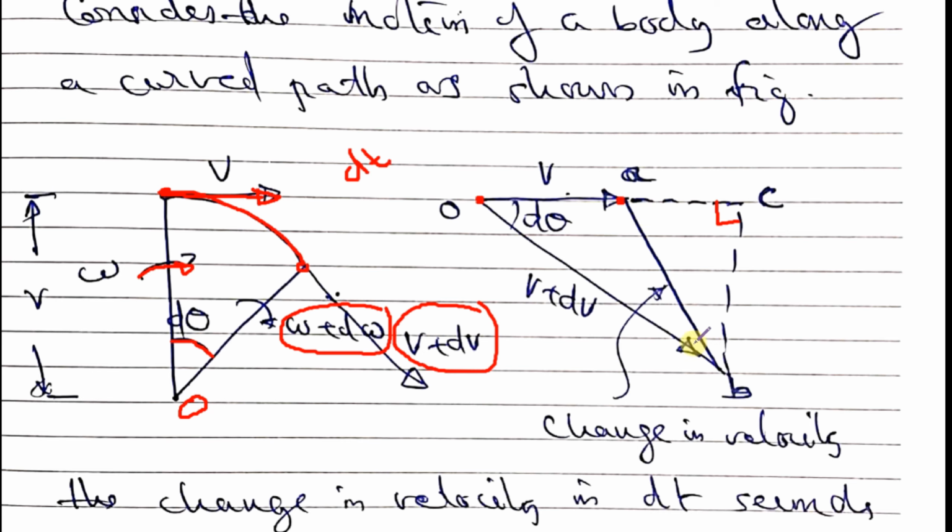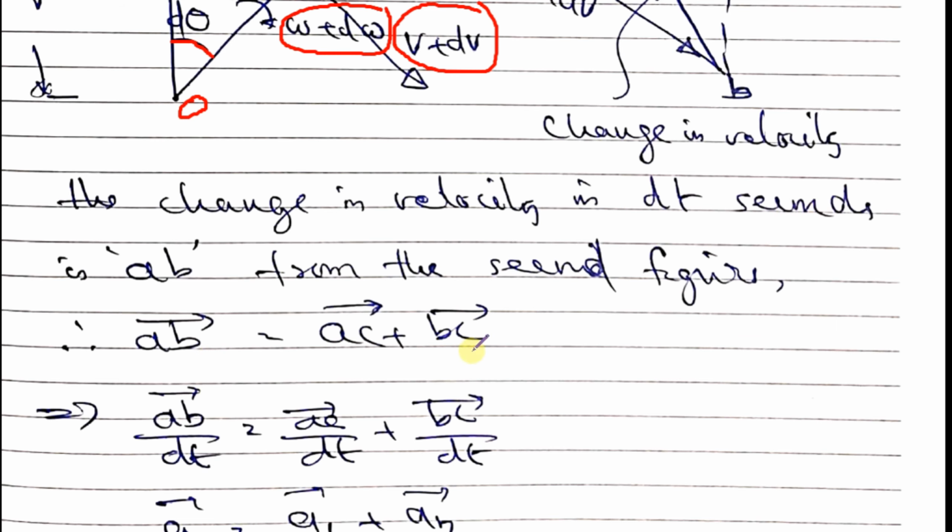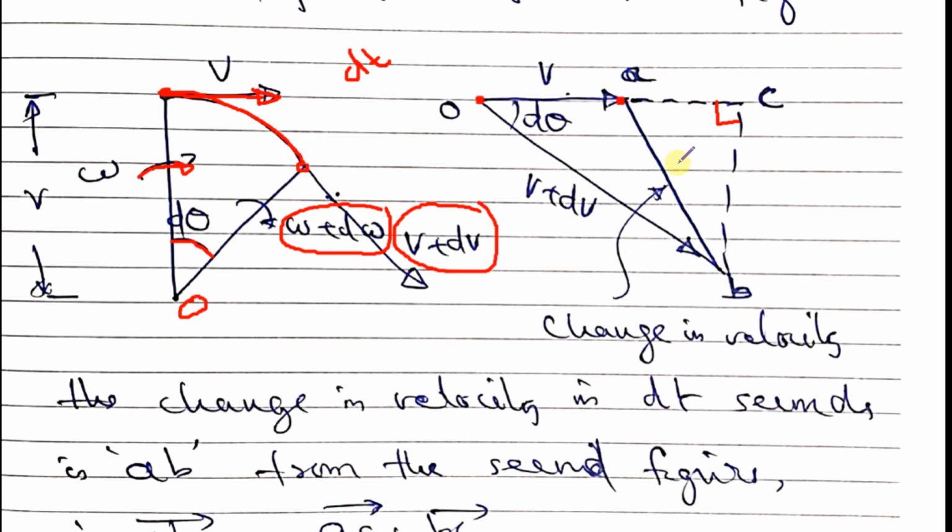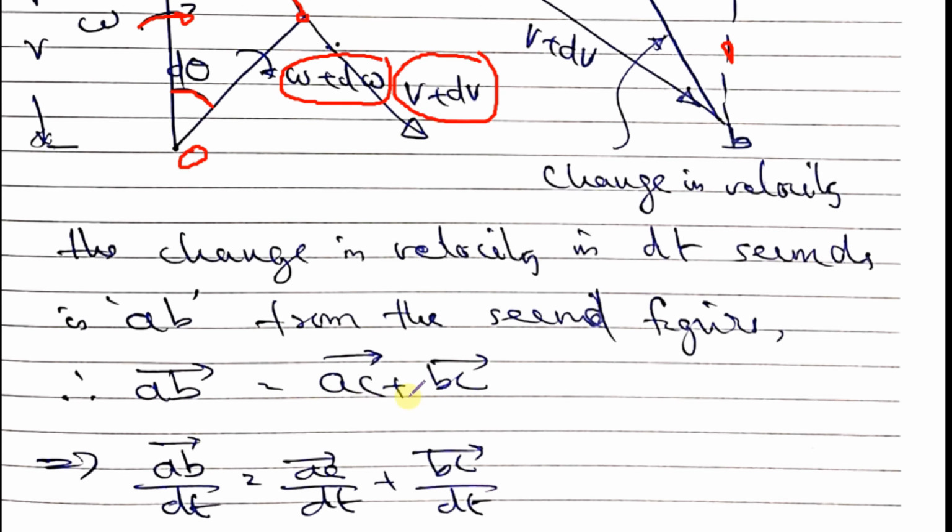That is why when we added this to v, we got v plus dv. So we can write AB equal to AC plus BC, considering AB, AC and CB as vectors. So AB is equal to AC plus BC.